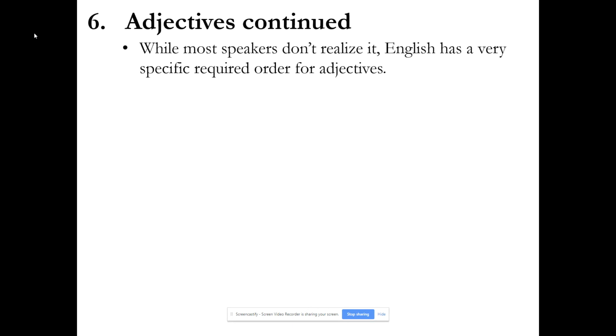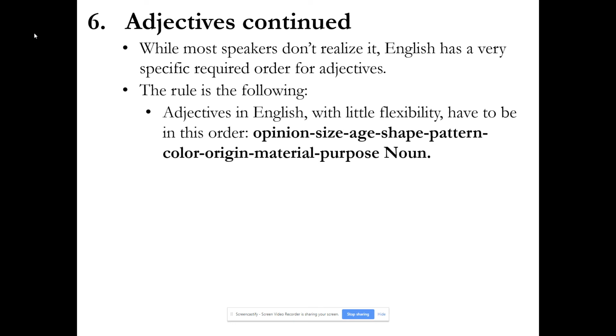More information about adjectives. Most speakers don't realize it, but English has a very specific required order for the placement of adjectives. Here's the rule: you have to express them in this particular order with very, very little flexibility. Opinion, size, age, shape, pattern, color, origin, material, purpose, and then the noun being modified.